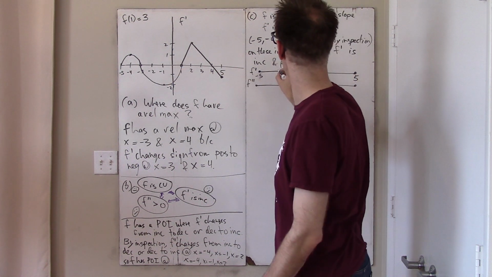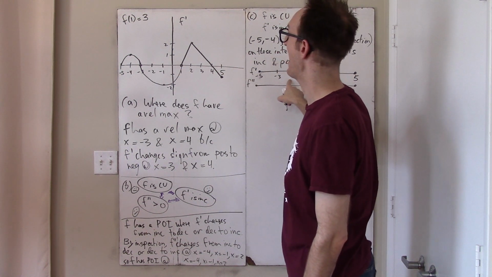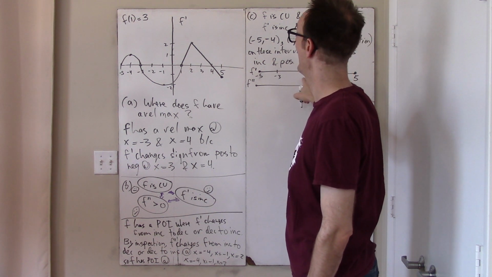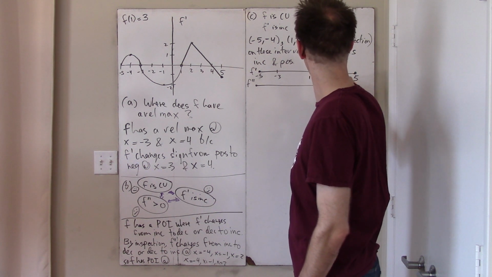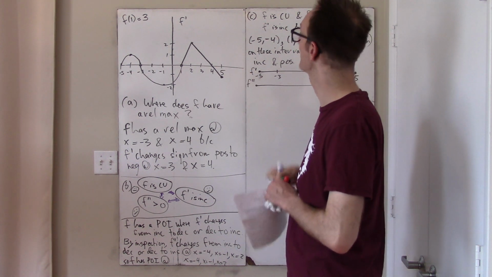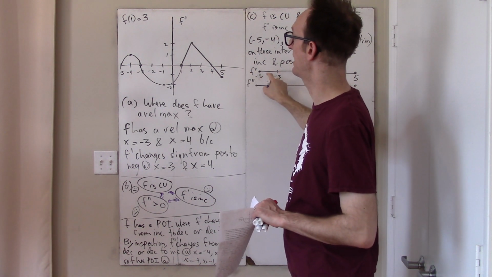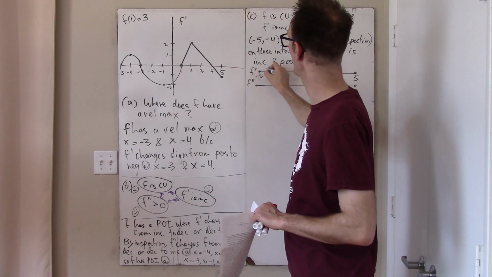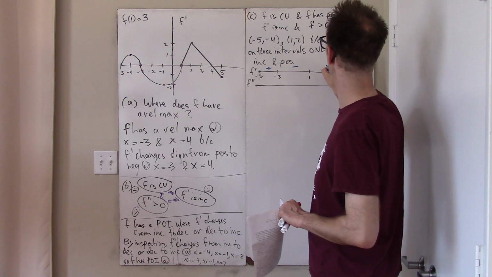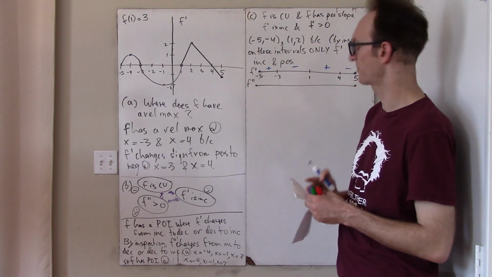Well, it changes sign at -3, at 1, and at 4, and that's it. So just looking at f prime, we see that it's positive until -3, negative between -3 and 1, positive between 1 and 4, and negative between 4 and 5.